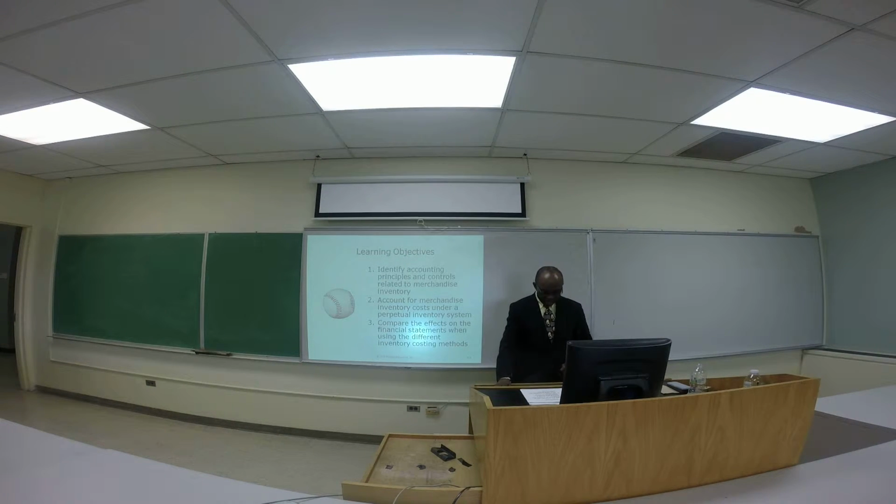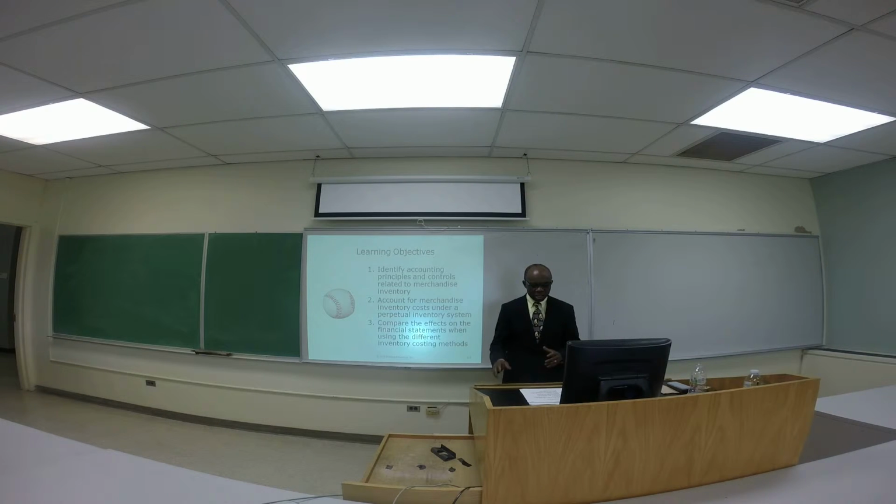Now, we have 7 objectives here. The first one is we are going to identify, like I indicated, different accounting principles and controls relating to merchandise inventory, how to apply those principles in order to prepare complete, accurate financial statements in accordance with generally accepted accounting principles.